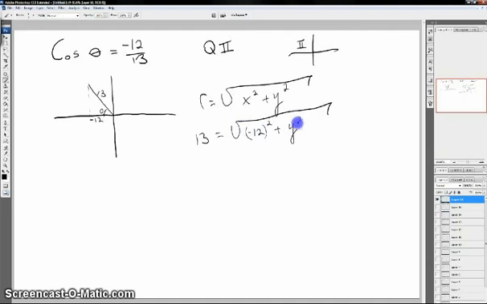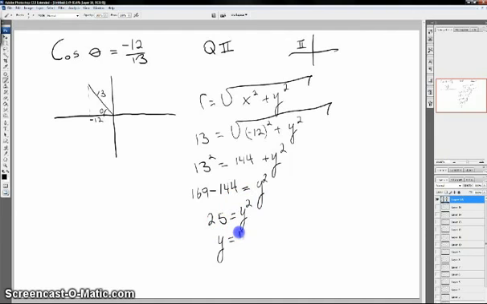And I need to solve for y, so I'm going to square both sides, get 13 squared equals 144 plus y squared. Subtract this and I'll get 169 minus 144 equals y squared, and that's 25 equals y squared. So y is equal to 5, so the missing side here is 5.